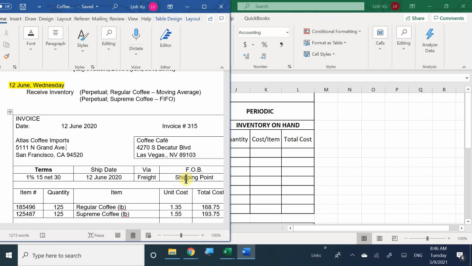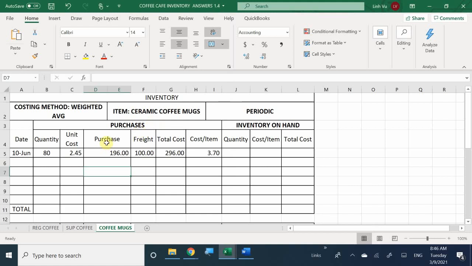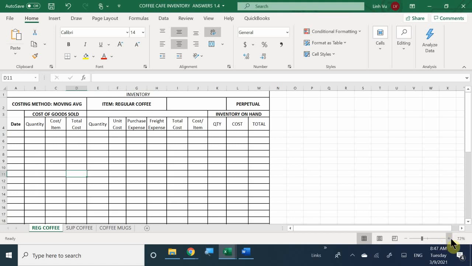FIFO. Okay, so again, if you look at the inventory worksheet, it's already plugged that information in there for you, just as a reminder. If we flip into my regular coffee, here it is, moving average, regular coffee, perpetual. Let's go ahead and plug in the information here.